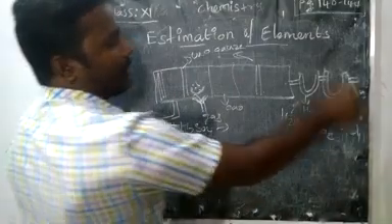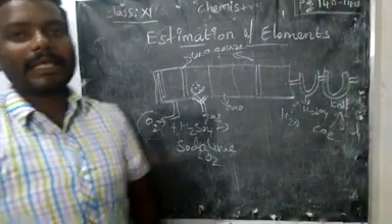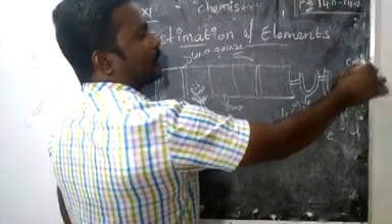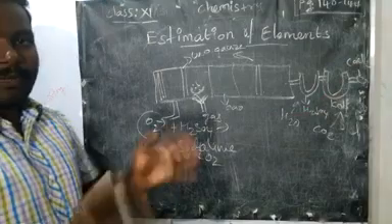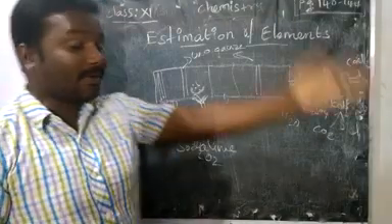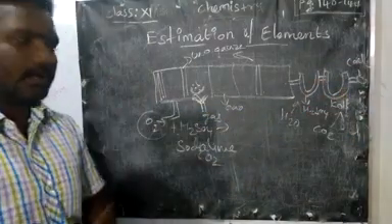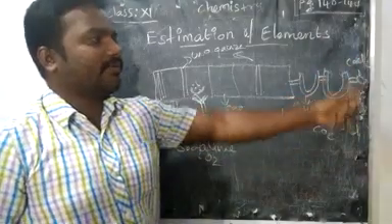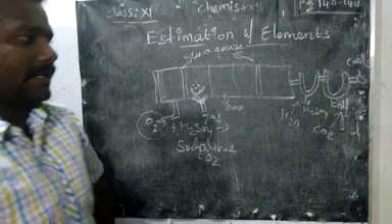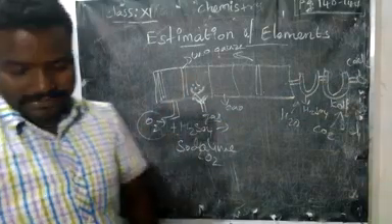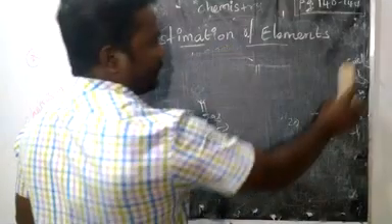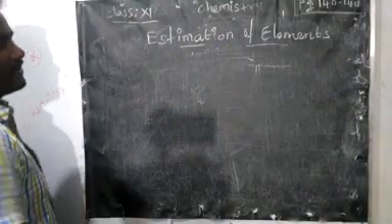Carbon dioxide formed in this reaction will be absorbed by KOH. Here we are also keeping calcium chloride. Why? So that from that side any oxygen or moisture coming inside is avoided. Now that we have seen this apparatus, we are going to see the procedure. What is the procedure?